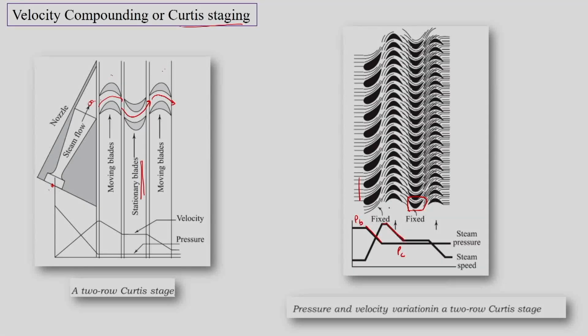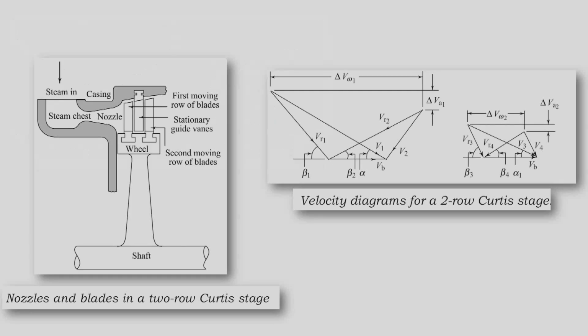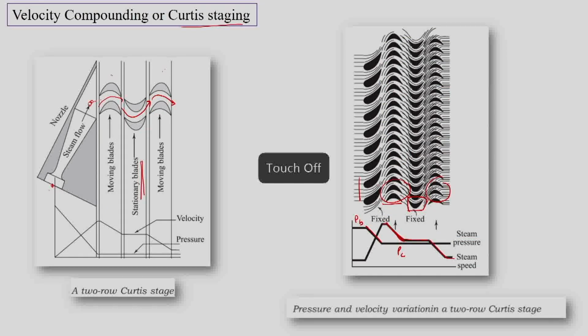One set of moving blades is changing the absolute velocity, and then the second set of moving blades is changing the rest of the kinetic energy. So, only velocity change is taking place in the moving blades, and we have the fixed blades only as stationary guide vanes.